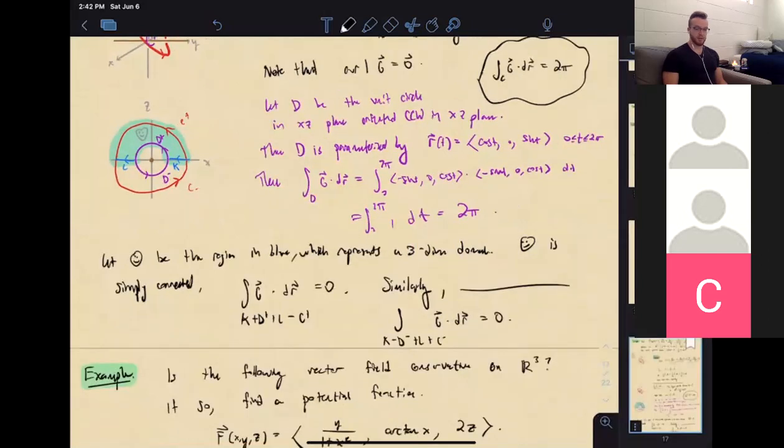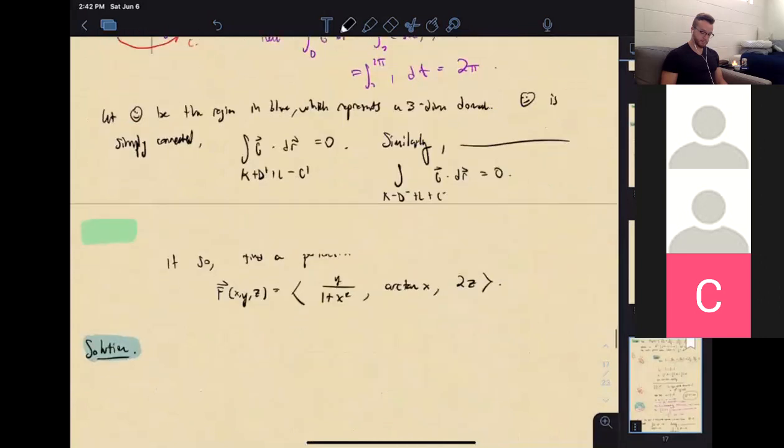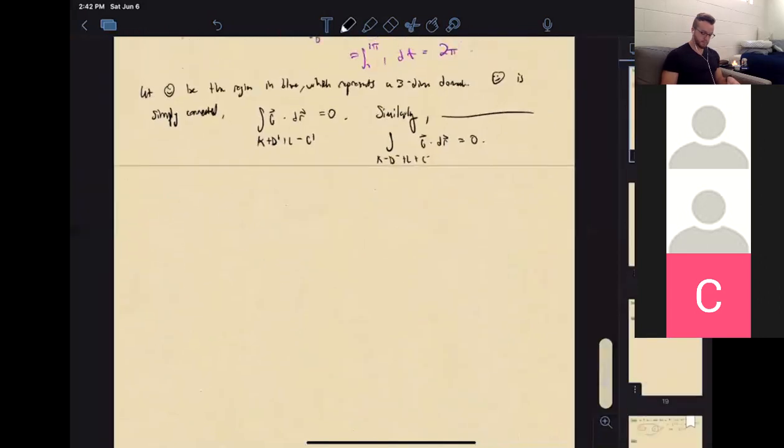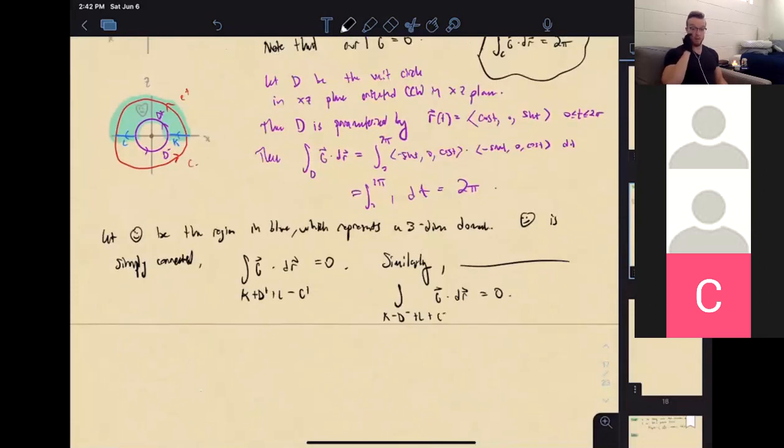Then we can add them together or something like that, and that will probably give us the integral over C of g.